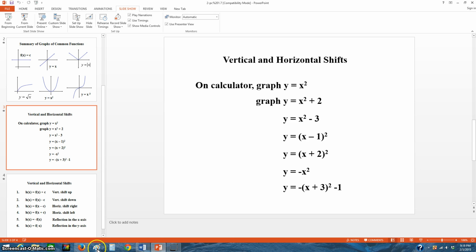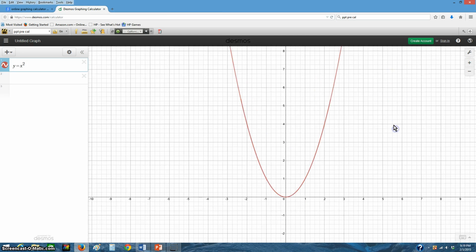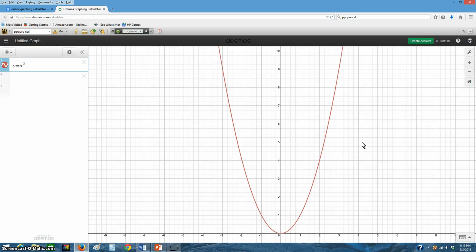So let's go ahead and input it into our calculator and draw it. As you can see from the picture, it is indeed a parabola that is opening upwards. So that's going to be our parent function.